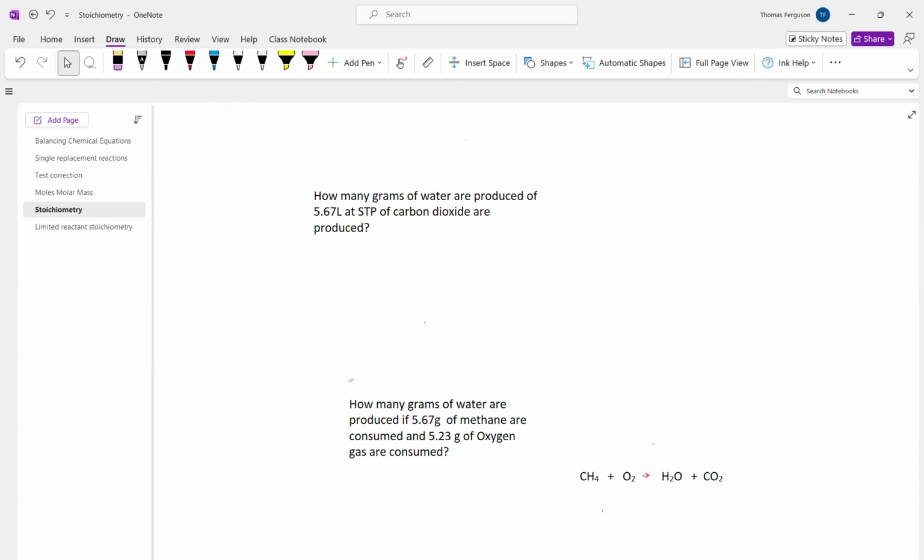Okay, do you need more time? All right, see what these look like. All right, how many grams of water are produced from 5.67 liters, at STP of course, of carbon dioxide produced? So we want water, and we're starting with carbon dioxide.